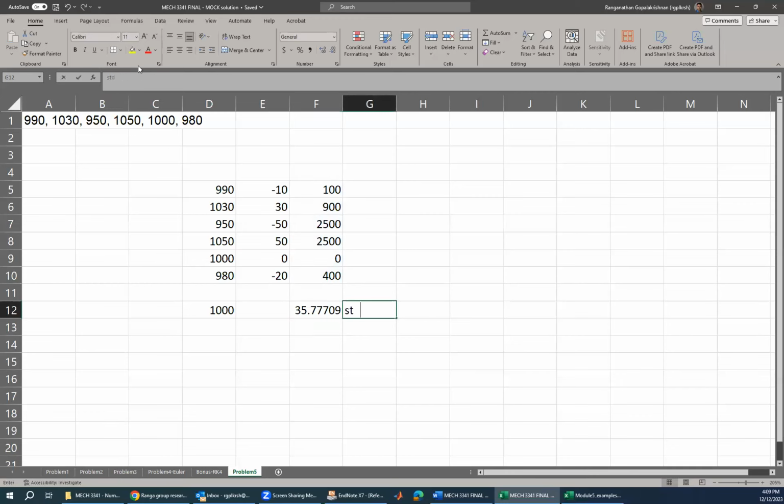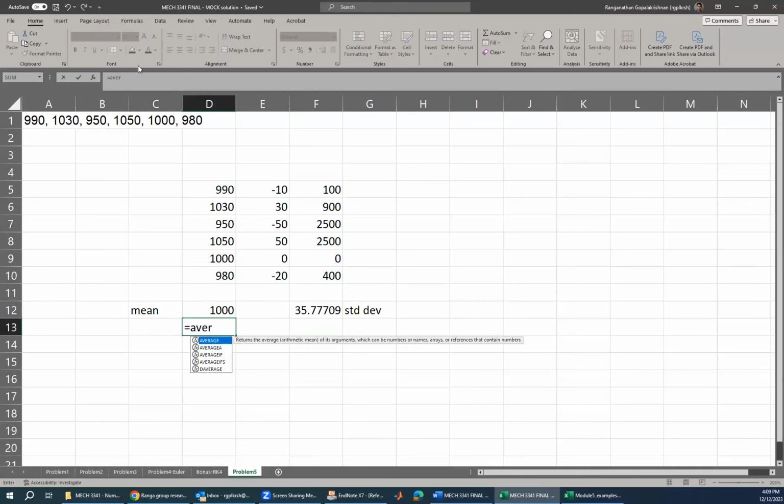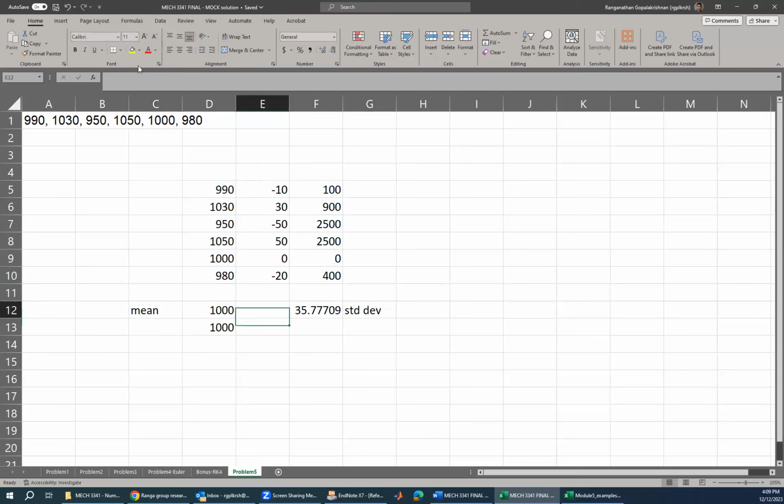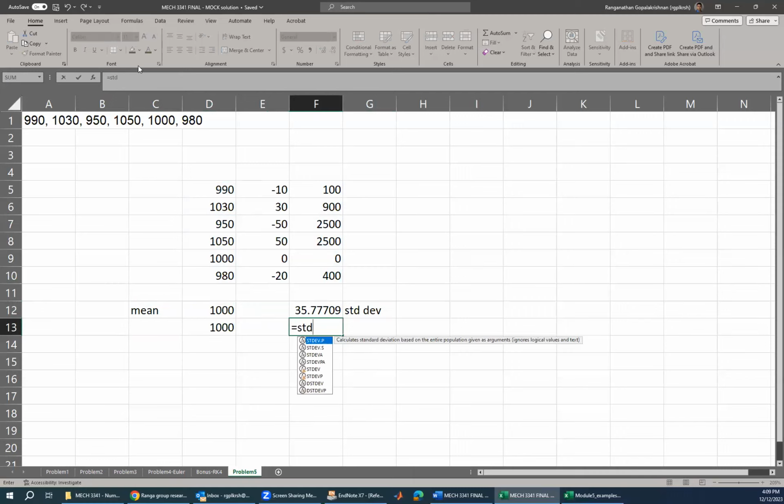This is the standard deviation. The reason I'm putting it like this is because Excel also has formulas which you can directly use, and you can just check that our method is correct.